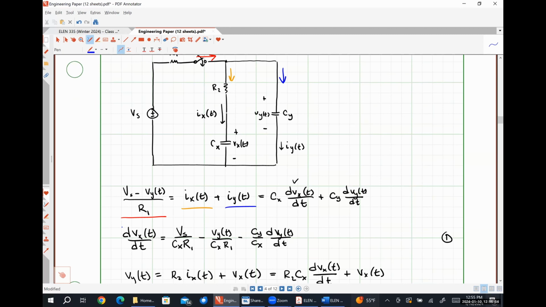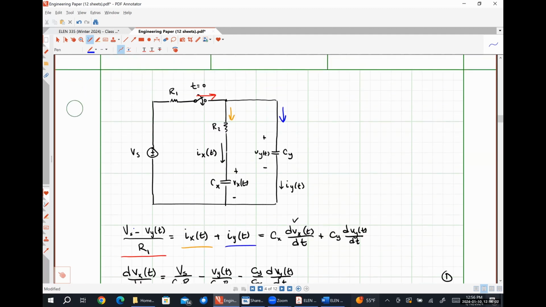Why wouldn't the current flowing into the top node just be Vs over R1? That would be assuming that there is no voltage drop across this path or no voltage drop across this path, which how can we make that assumption? For this current to be just Vs over R1, this node needs to be tied to the negative polarity terminal of the voltage source, and it very much is not.